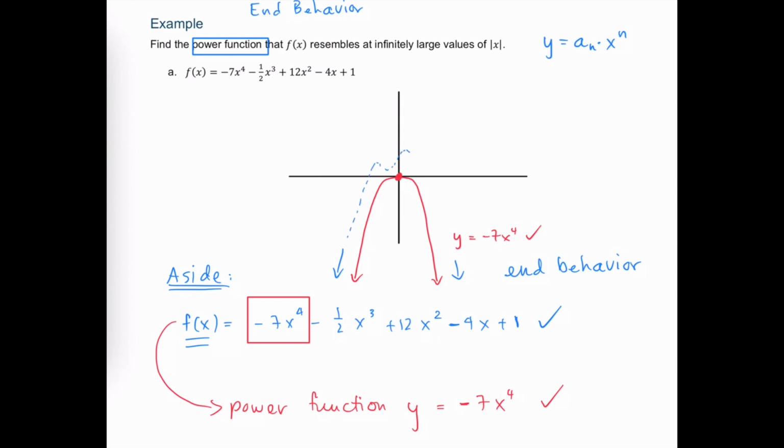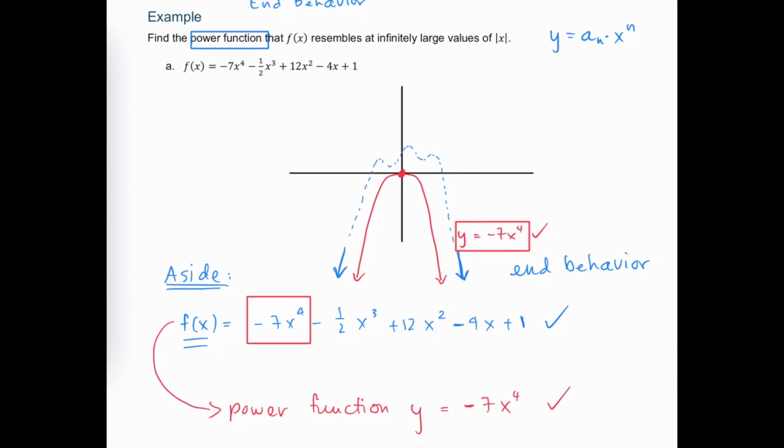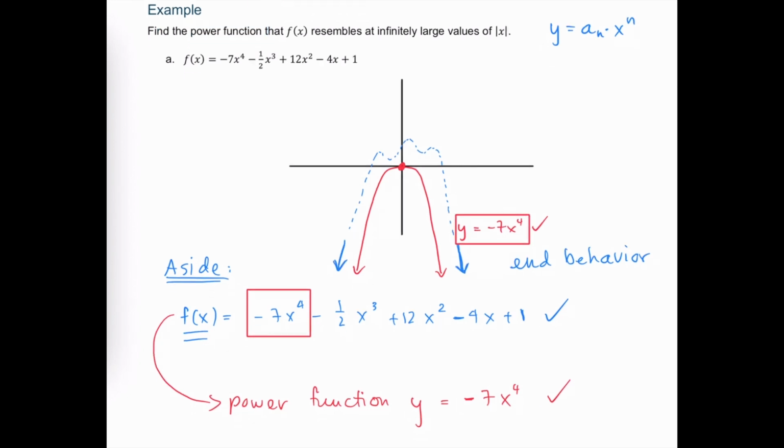The polynomial might bounce around in here, but ultimately when x is infinitely large, it's going to finish in the same quadrants as this power function. In summary, the power function that f resembles at infinitely large values of x is going to be determined by simply the leading term. Y is equal to the leading term will be the power function that our graph resembles when x gets infinitely large.